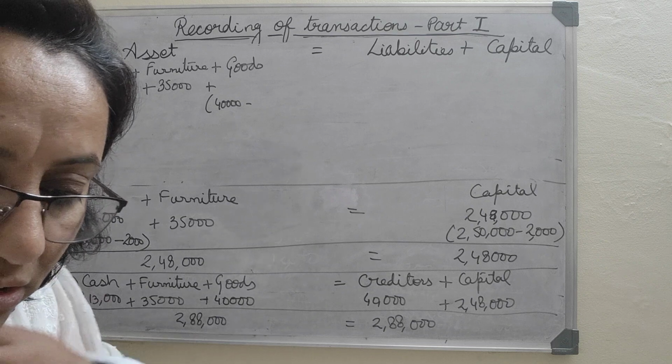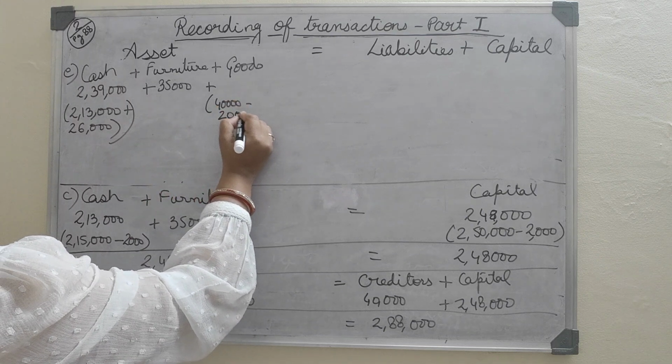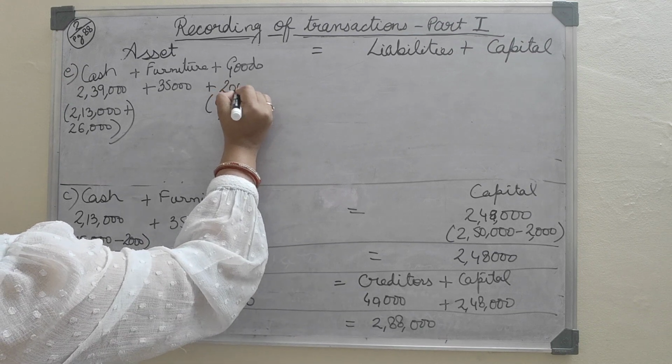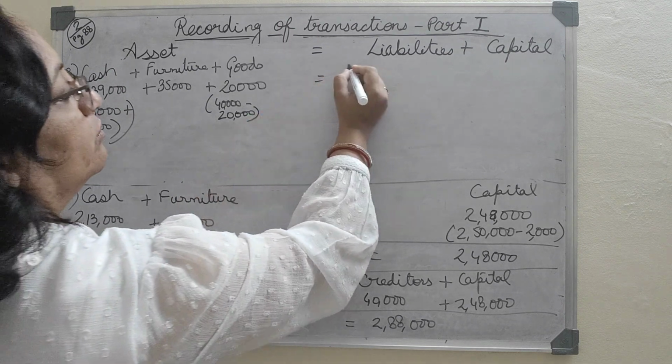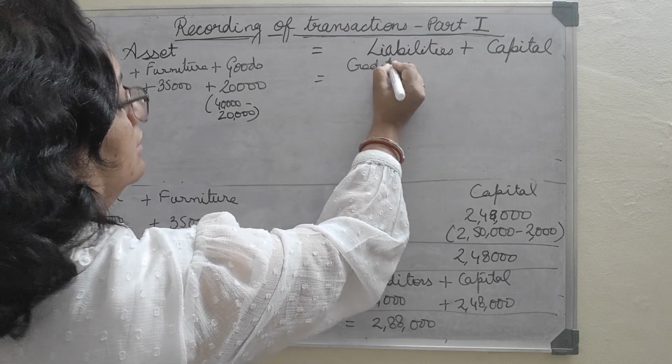And the goods which were of 20,000 are sold. So 40,000 minus 20,000 will be 20,000. So goods left with us are 20,000. Now we come again to creditors. Creditors remain the same.